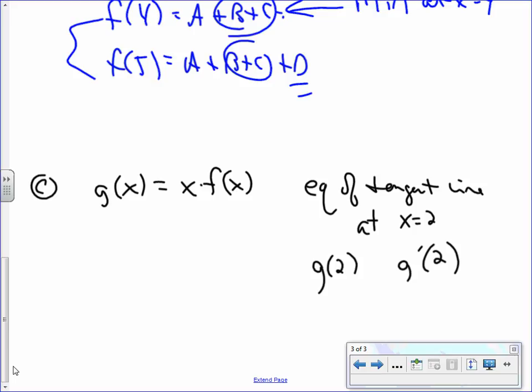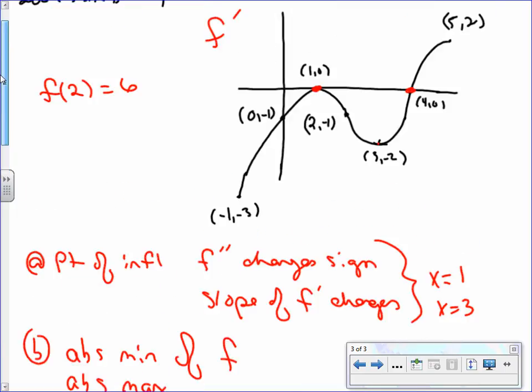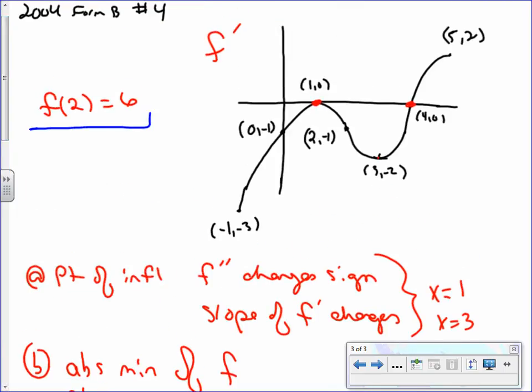Ready to find them? So g of 2 equals 2 times, I'm just going to plug it in. Did I tell you you were going to have to use it somewhere?